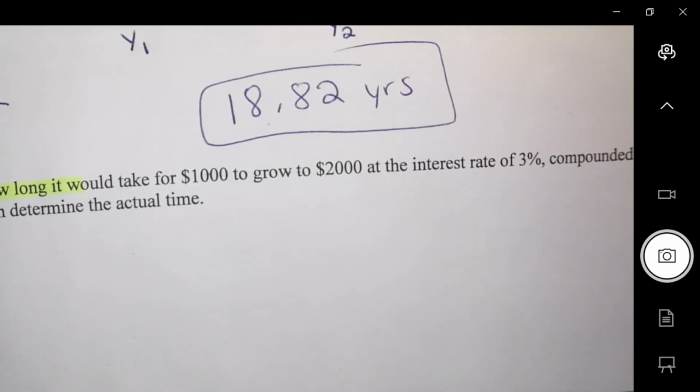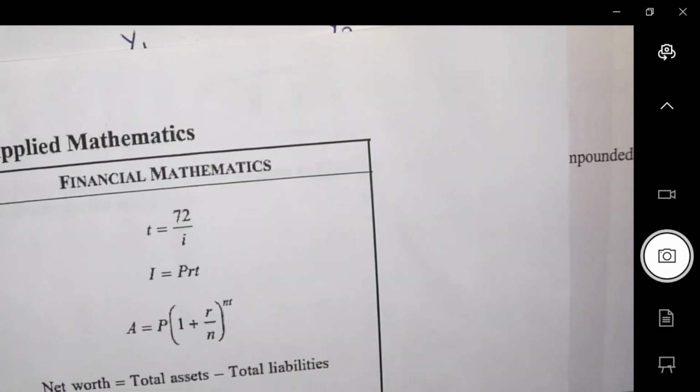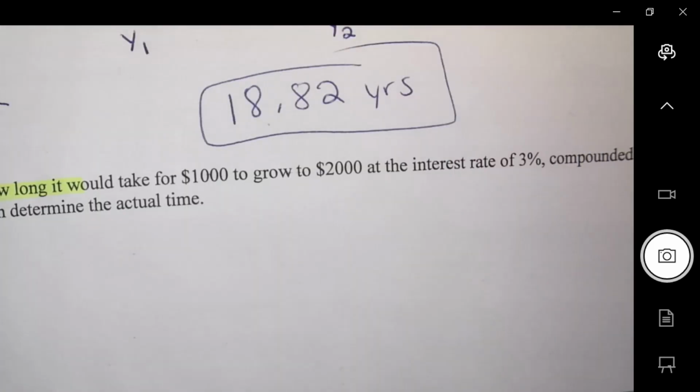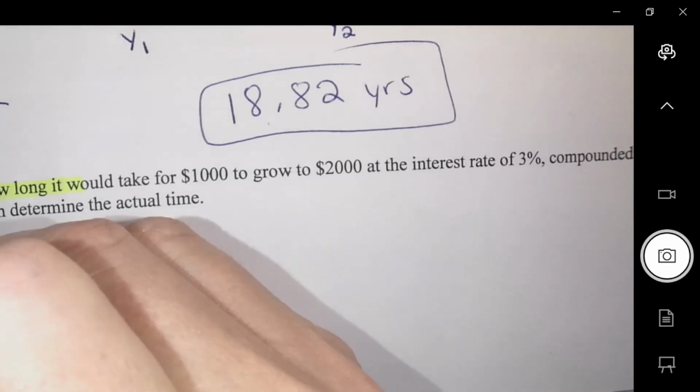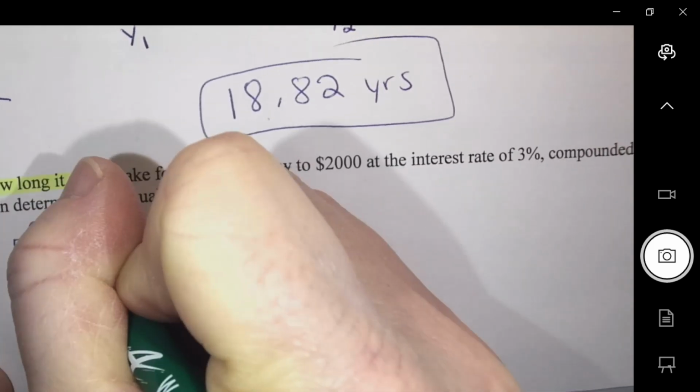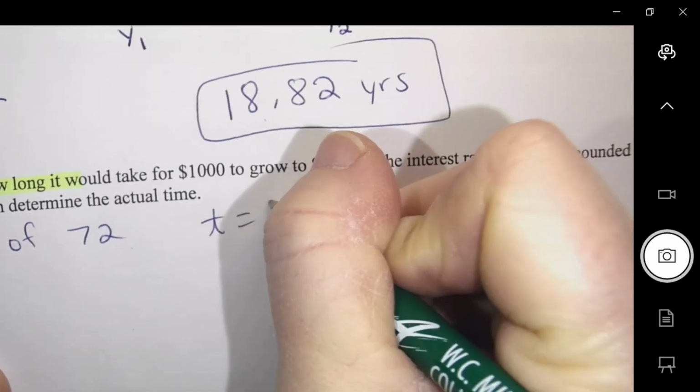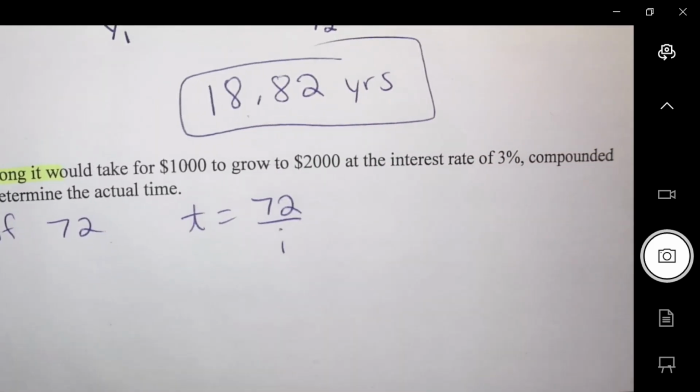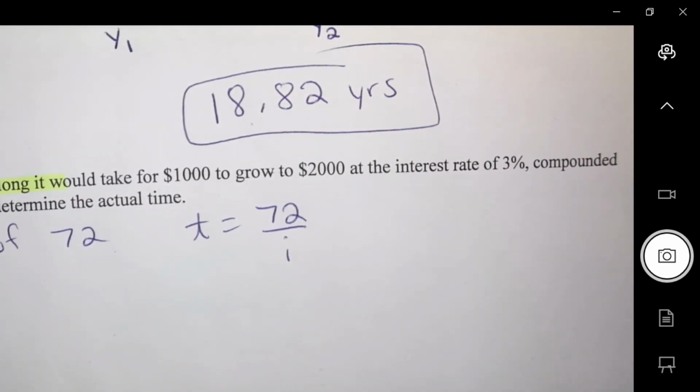Anybody know which strategy? It's actually on your formula sheet. The rule of 72. So what do we want to write on our cheat sheet? Use the rule of 72 to estimate the doubling time.